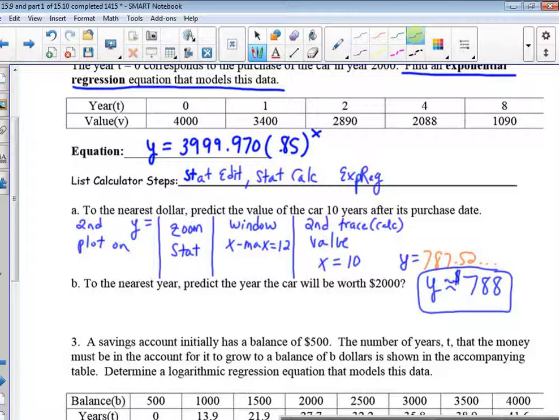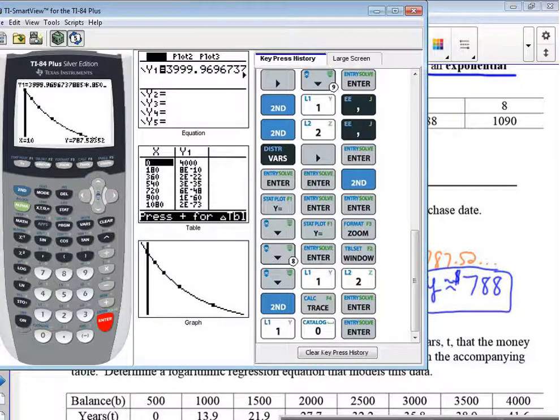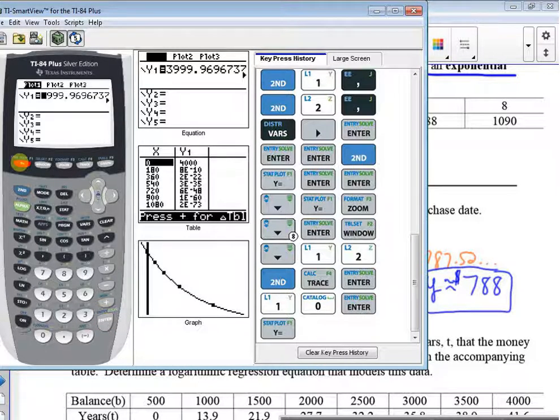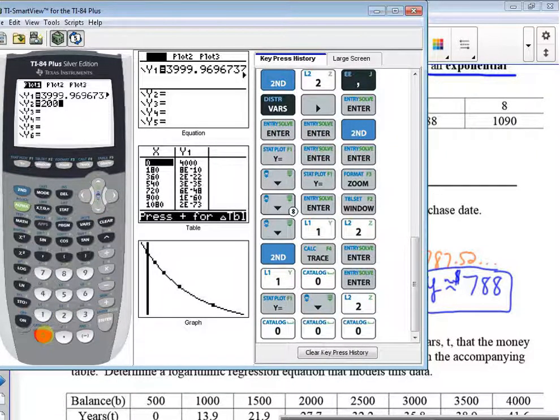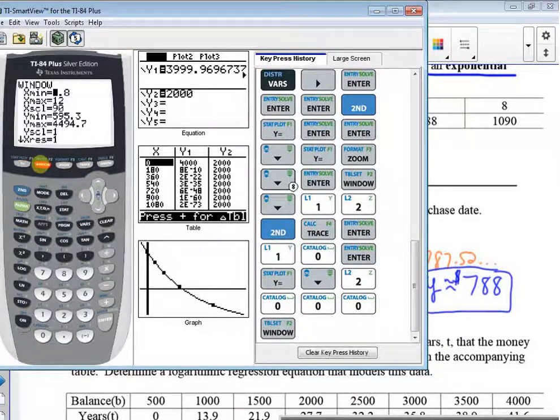B, to the nearest year, predict the year the car will be worth 2,000. So that's going to, again, take us back to the calculator. In this case, I am looking for the x, I know the y. So 2,000 goes into y2. Now, when you go to your window, you better make sure that your y max accommodates 2,000.